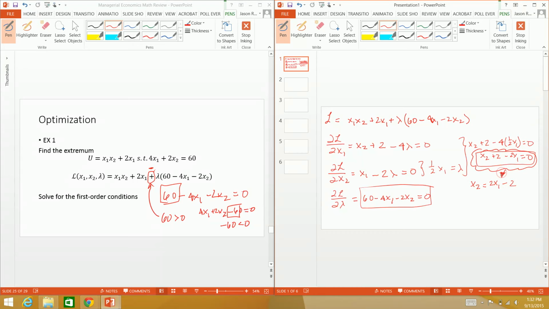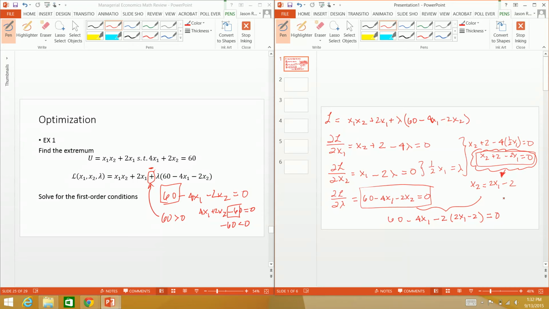So now we have this equation, which is just redefined in terms of x2. We can now substitute into our last constraint equation so that we have 60 minus 4x1 minus 2 times (2x1 minus 2) is equal to 0. Okay? So now this is the only equation that we need to work with in order to solve for x1.